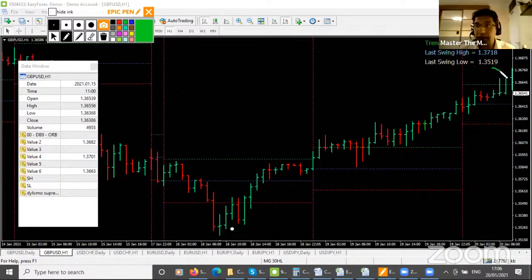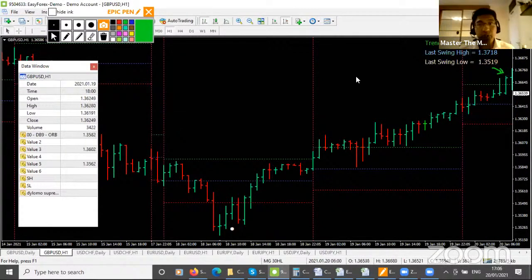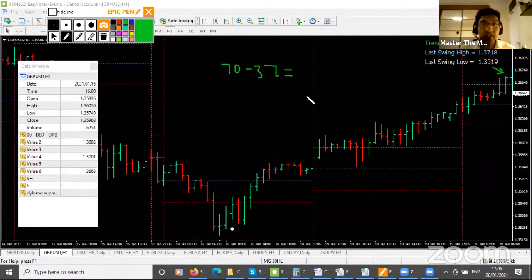Then from the low of today all the way to the high, that's 37 pips, isn't it? Remember what I told you? You're looking for a 70 pip range. So 70 minus 37, how much would that be? Go for it, have a think. That would be 33 pips, isn't it? So 33 pips is what we're doing.